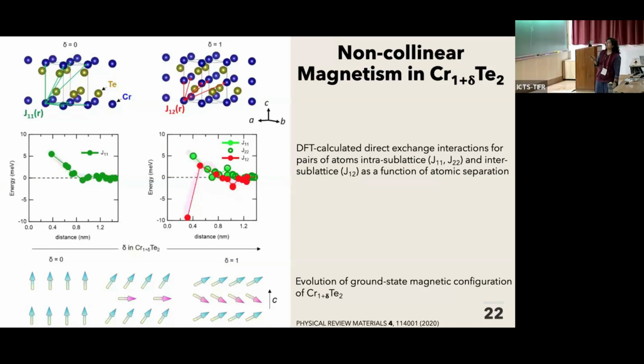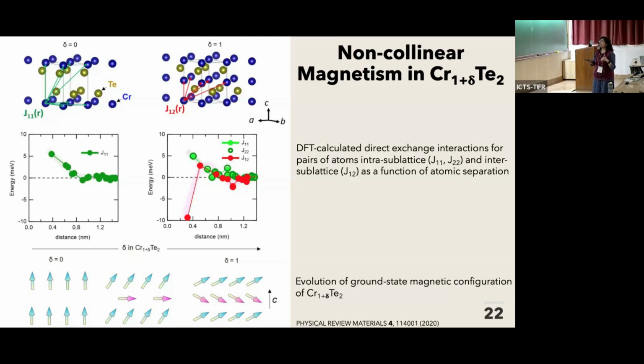Whereas in this case, you can have J11, between the chromium atoms in the layer. Then you can have J22, the exchange interaction between the chromium atoms in the intercalant layer. And you can also have J12, which is between the sublayer and the intercalants.